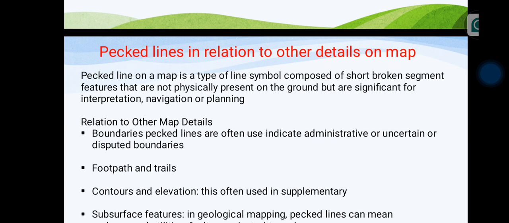When you draw your map and the boundary of the area, let's say Oyo East and Oyo West, they are close and your interest is in Oyo East, so you use a peck line to demarcate Oyo East from Oyo West. That's what this means. So use peck lines to indicate boundary.